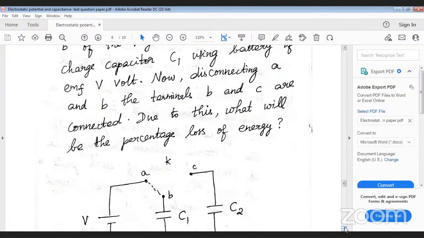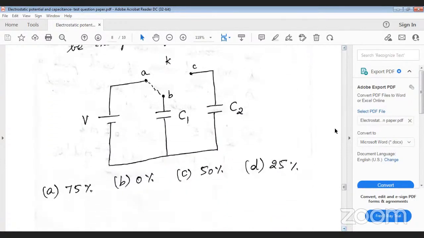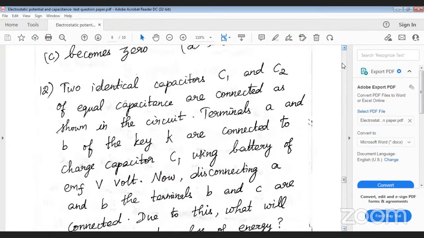Due to this, what will be the percentage loss of energy? Here in the question they have mentioned that you have two identical capacitors C1 and C2 of equal capacitance, connected as shown in the circuit. Initially the terminals A and B of the key are connected to charge capacitor C1.